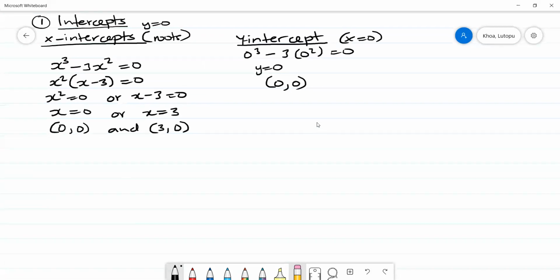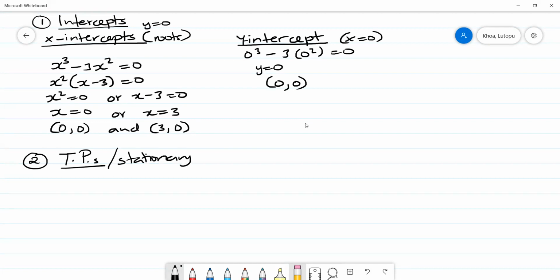Then step number 2, we have our turning points, sometimes called the stationary points. All of that means the same thing. At the stationary points, we know that dy/dx is equal to 0.